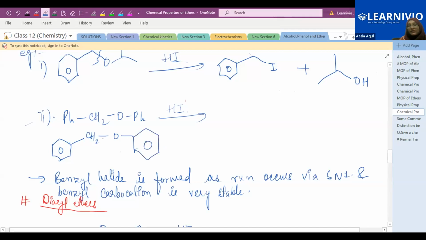Now how will you cleave this bond? Again, it is not possible to cleave this carbon and oxygen bond because it is involved in resonance. So you cleave this bond, and once you cleave it, hydrogen will attach to this. Basically it will form phenol, and this CH2 and iodine. CH2 iodine plus phenol.